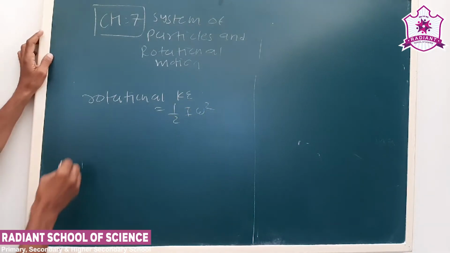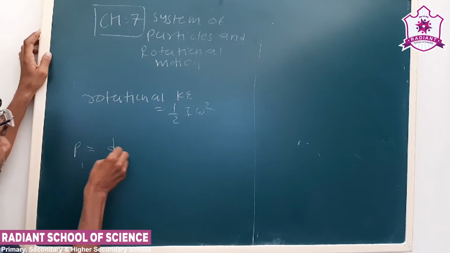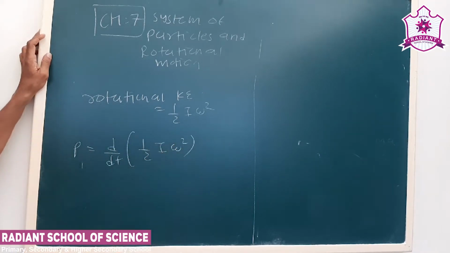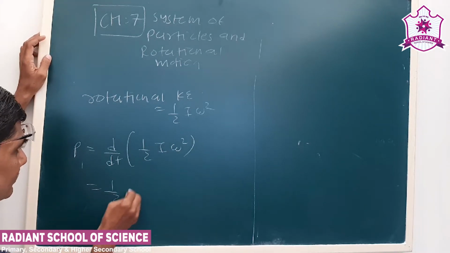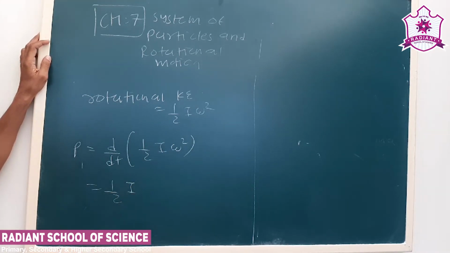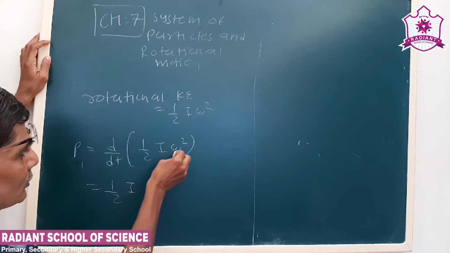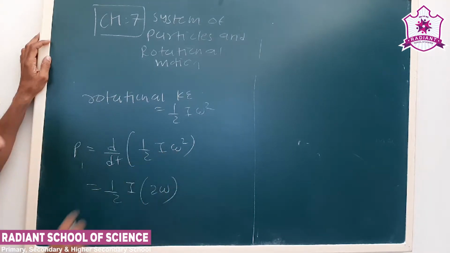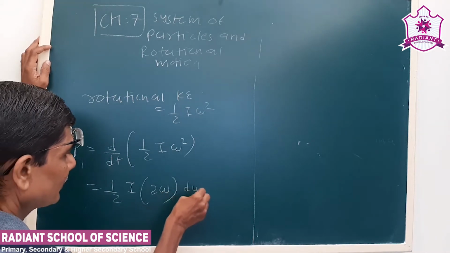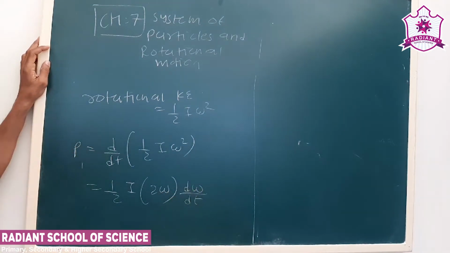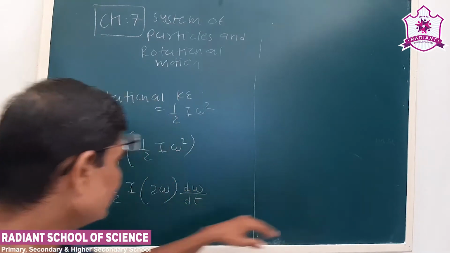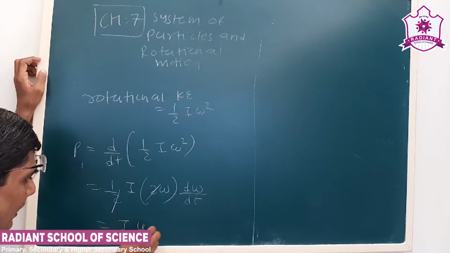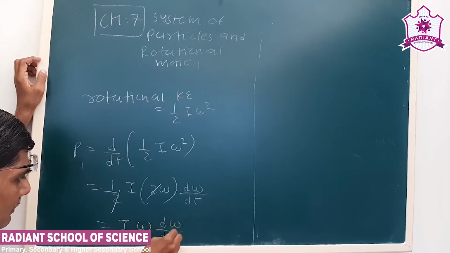Okay, so here power we can write is rate of change of rotational kinetic energy. Now see, if I take derivative of 1 by 2 I omega square, again we have to take the help of the chain rule. See, omega square derivative will be 2 omega, but see here there is no t in the equation, so in that case we have to take derivative of omega with respect to time. Now see, this 2 will be cancelled, it will be I omega d omega by dt.